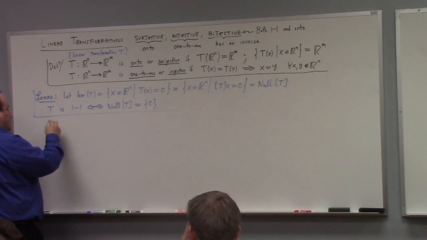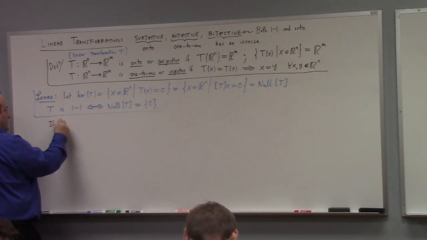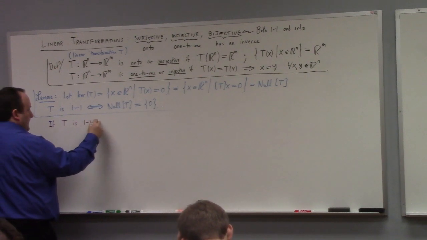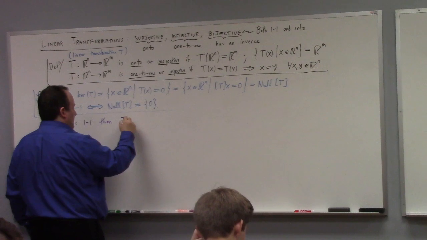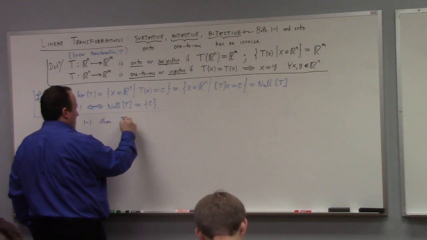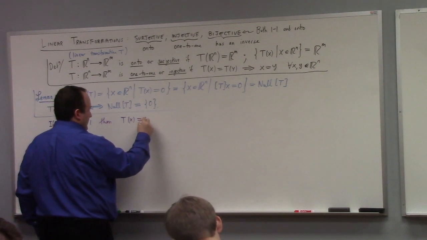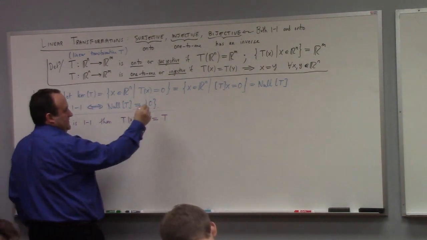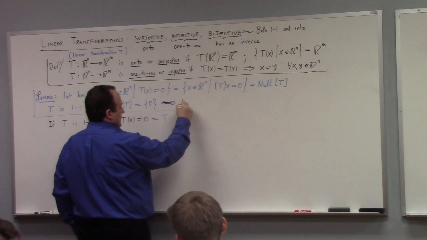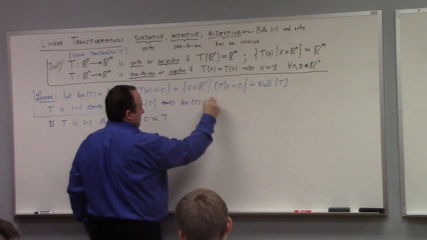So if T is 1 to 1, then T of x equals 0 is equal to T of what? Of course, this is the same as the kernel of T being 0, right?